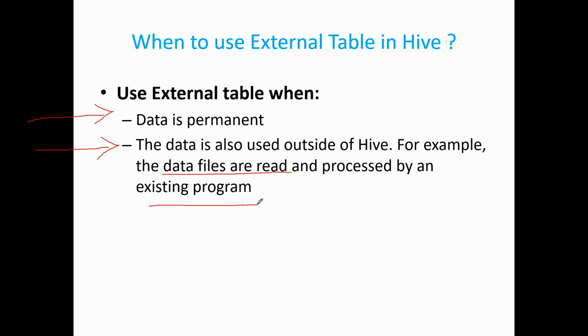If you create data frames in Spark using data from Hive, and you go with a managed table, dropping your managed table will have an impact on Spark. To avoid all such impacts, it is highly suggested to use an external table so that even if you drop your table, the other programs or applications using that data won't be impacted.